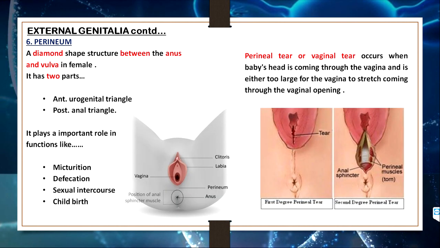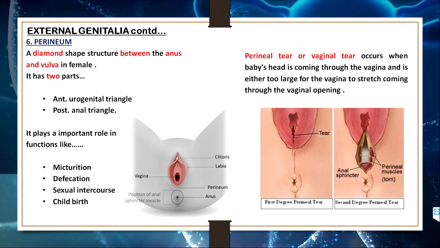Now the 6th part is the perineum. As you can see in the diagram, the perineum is a space between the anus and the scrotum in male, and between the anus and vulva in the female. So the perineum is a diamond shaped structure.